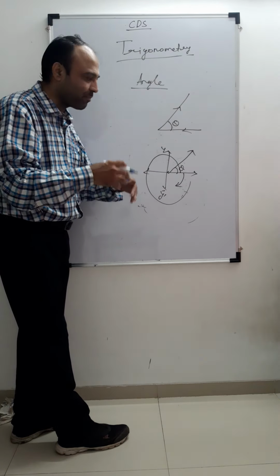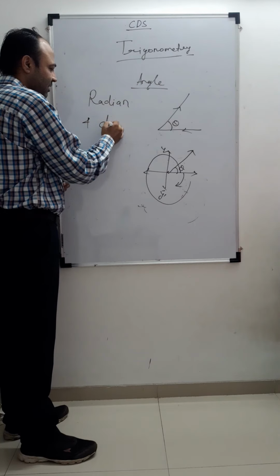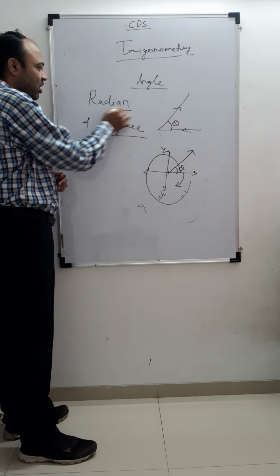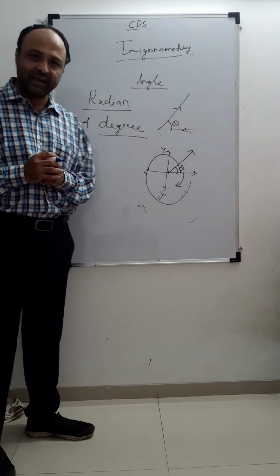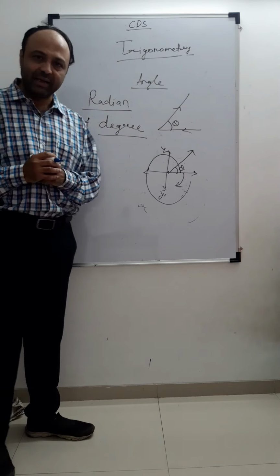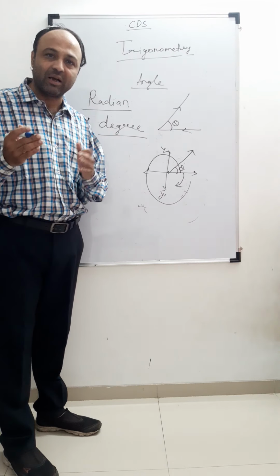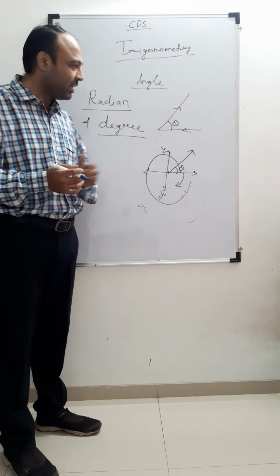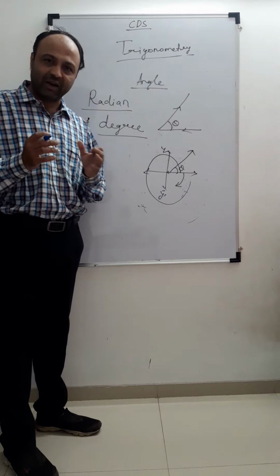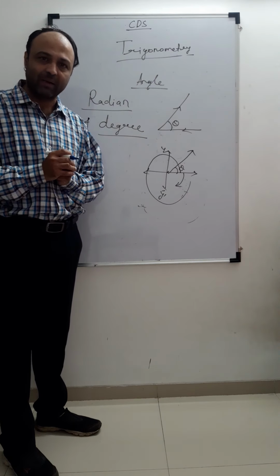Fine. So we came to know that all of you are aware that trigonometry is a ratio of sides. Now we will discuss radian and degree, these two terminologies. All of you are aware that we say pi, 2 pi, 3 pi, where pi is 22 by 7 in value. Degree and radian in trigonometry are very important to understand.